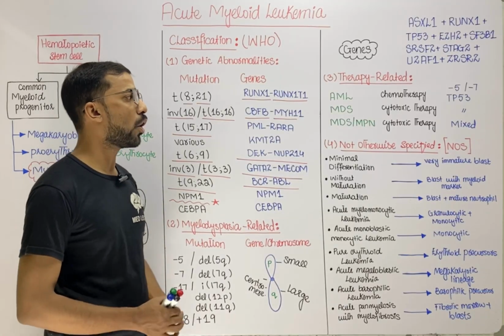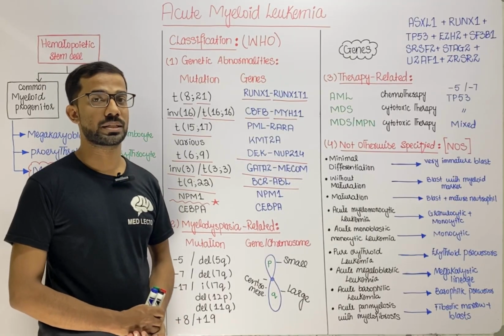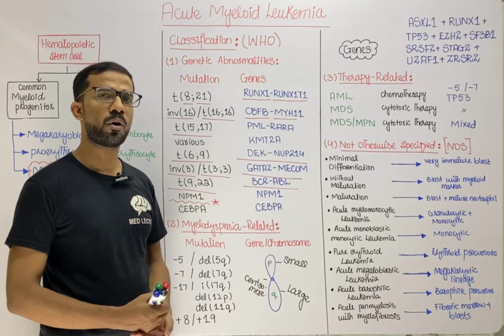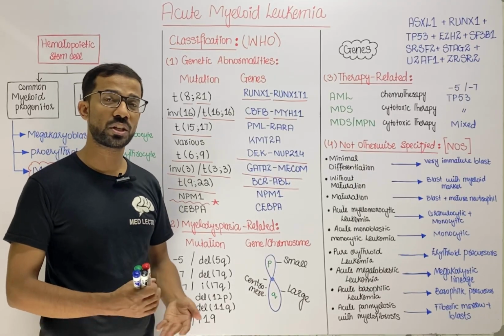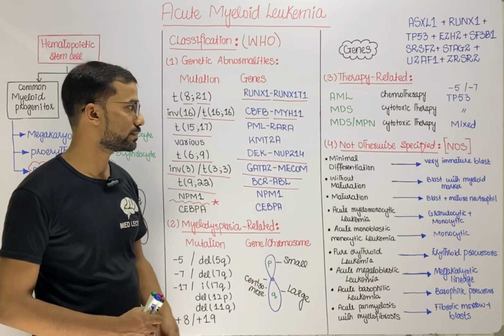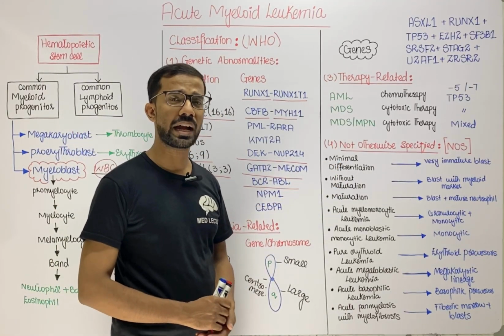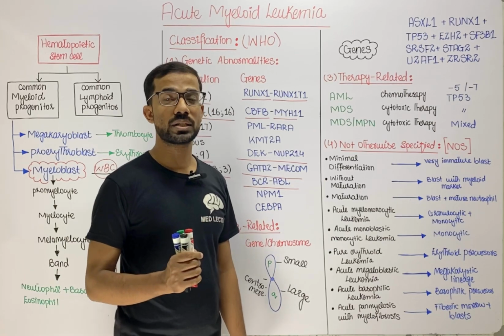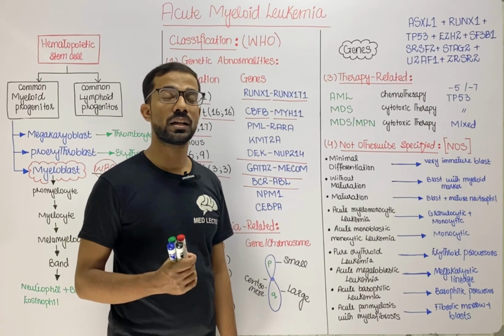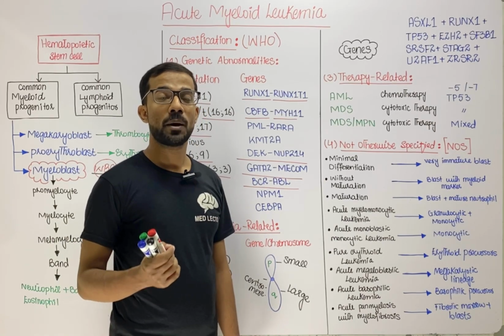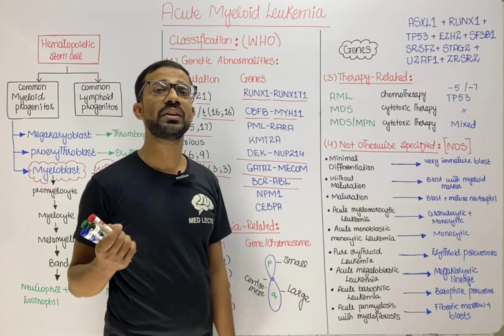Next is the not otherwise specified, NOS. It means that in most cases, the mutations are normally unknown. First is minimal differentiation. It means that the myeloblast is minimally differentiated, like myelocyte, metamyelocytes, band form, and the neutrophil.